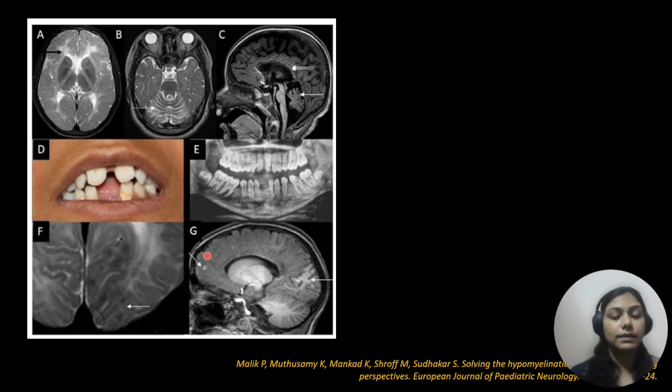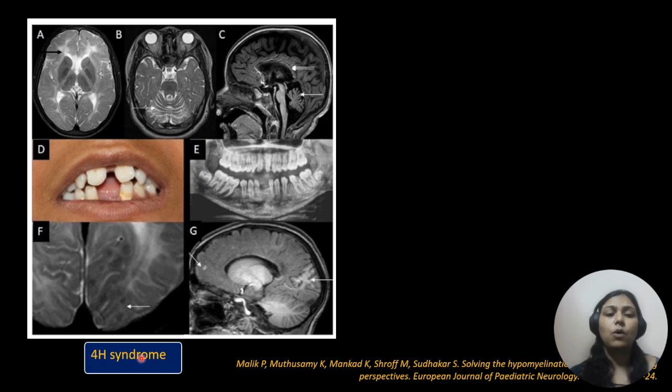So these characteristic features of Pol III-related leukodystrophy on MR along with hypodontia and another feature of hypogonadotropic hypogonadism can be seen in a syndrome which is known as 4H syndrome.